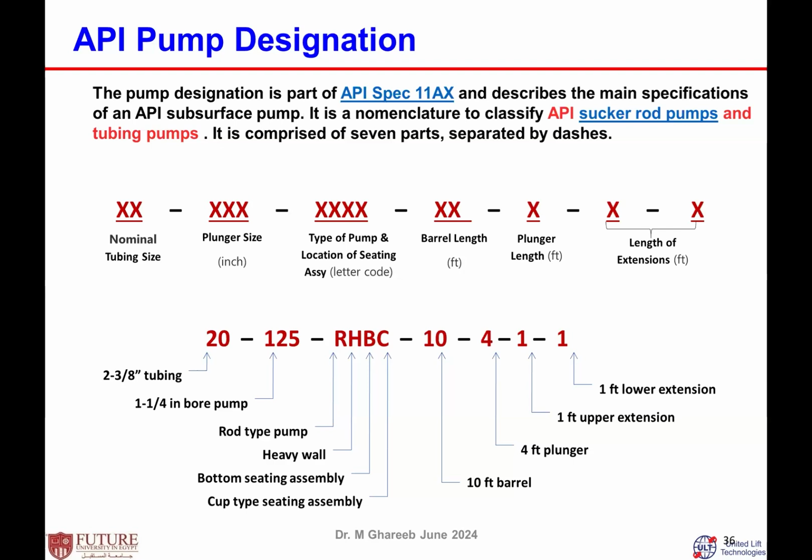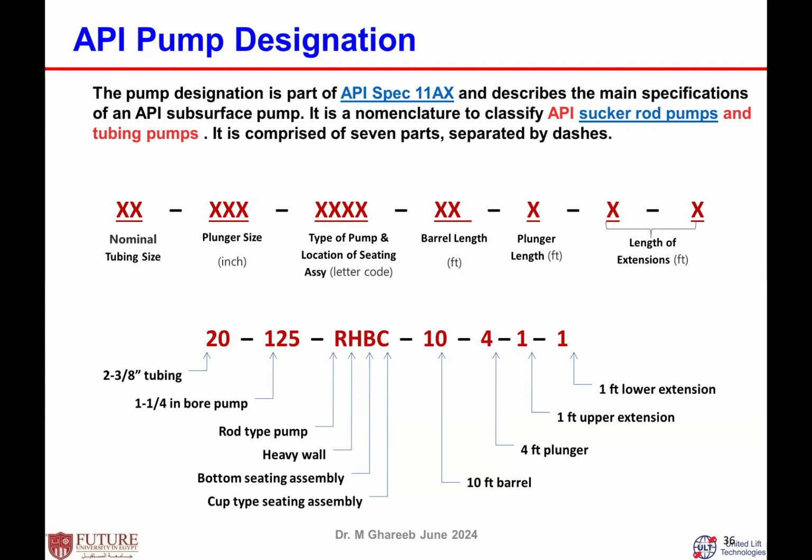It is 1 inch, 2 inches, 2.5 inches, or 2.25 inches. You remove the decimal point and add the three digits. For example, a 1.25 inch pump is 125. If I say the tubing is 20, that means the tubing is 2-3/8.